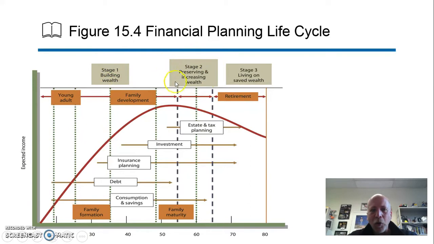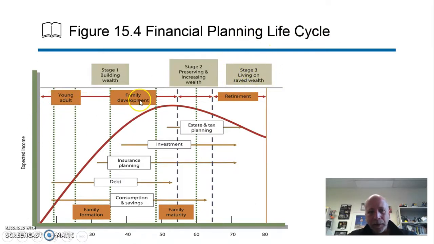Then in stage 2, as we get closer to being retired, it becomes not as important to build wealth, but to preserve the wealth that we have accumulated. And lastly, stage 3 deals with living on the money that we have saved.